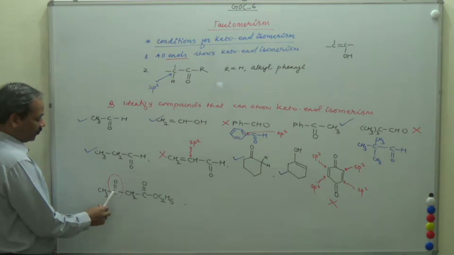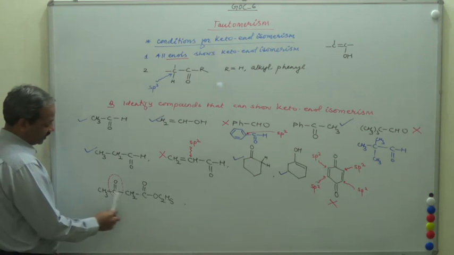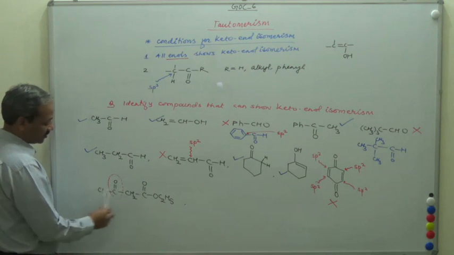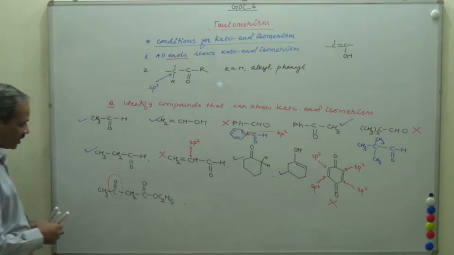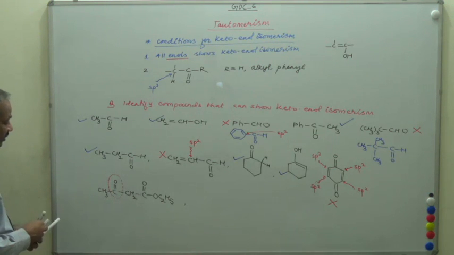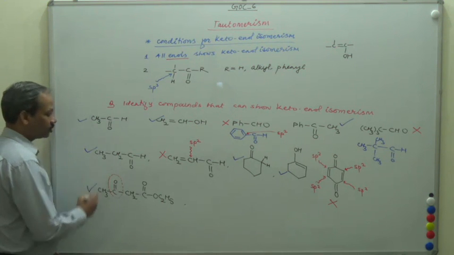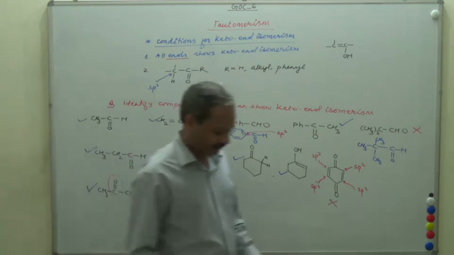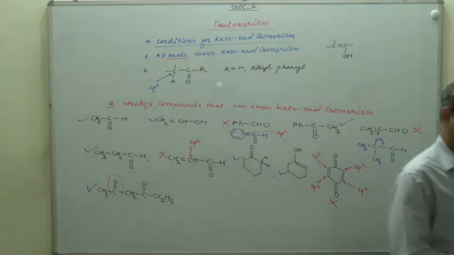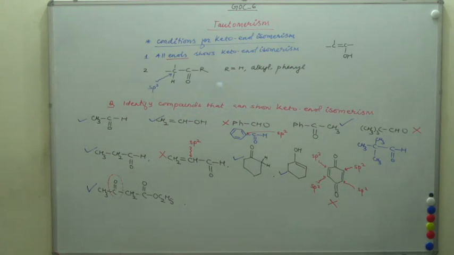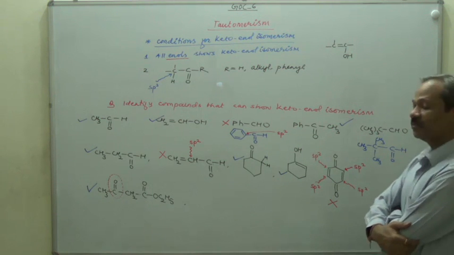And from this CO, these are the sp3 hybridized alpha carbon atoms. And from these sp3 hybridized alpha carbon atoms, hydrogen atoms are bonded. So this compound shows keto-enol isomerism. So in this way, we can check whether a given compound can show keto-enol isomerism or not.